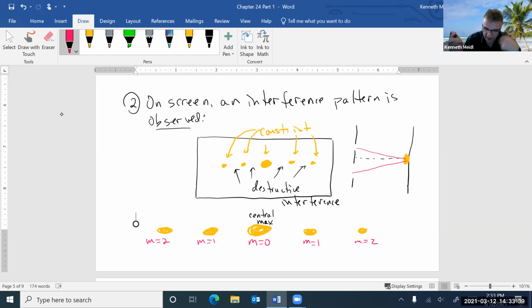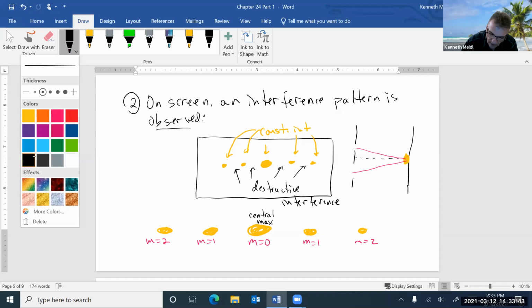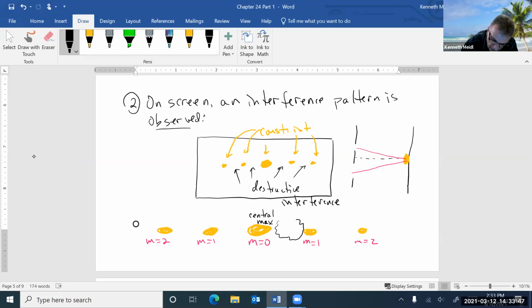But this right here is where you have to be careful. This dark region right here, where there is no light, is a spot of destructive interference. And now be careful here. You need to be careful because the first bright spot is called m equals 1 on the right-hand side.